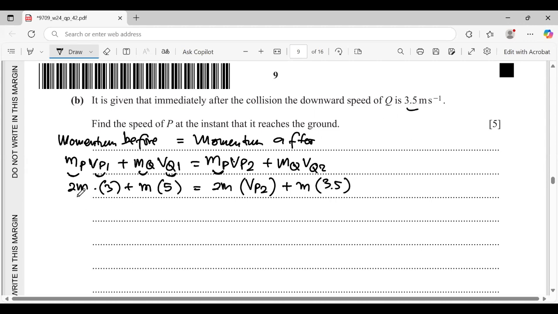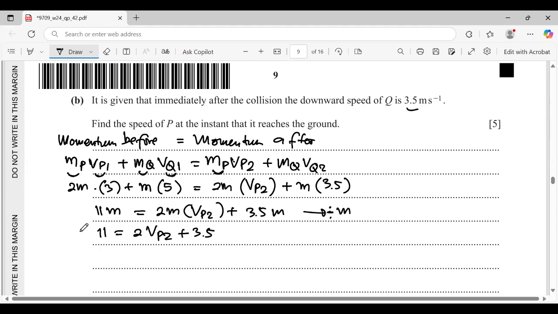So this is 6 plus 5, 11M, equals 2M vP2 plus 3.5M. Now left-hand side and right-hand side divided by M. So it's going to be 11 equals 2 vP2 plus 3.5.